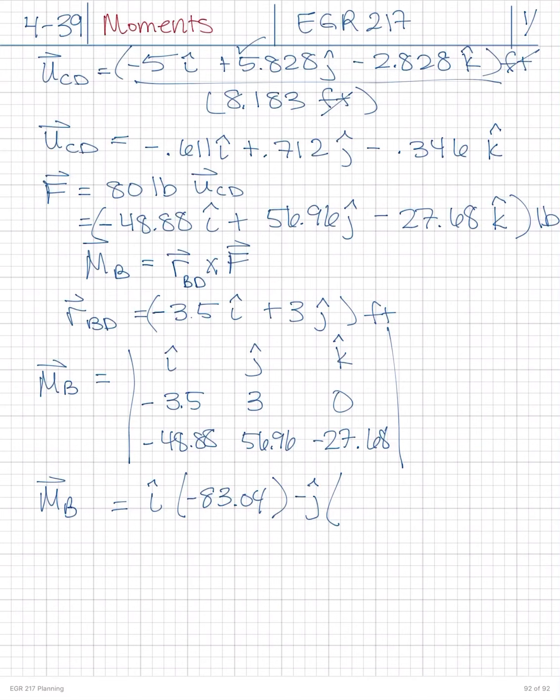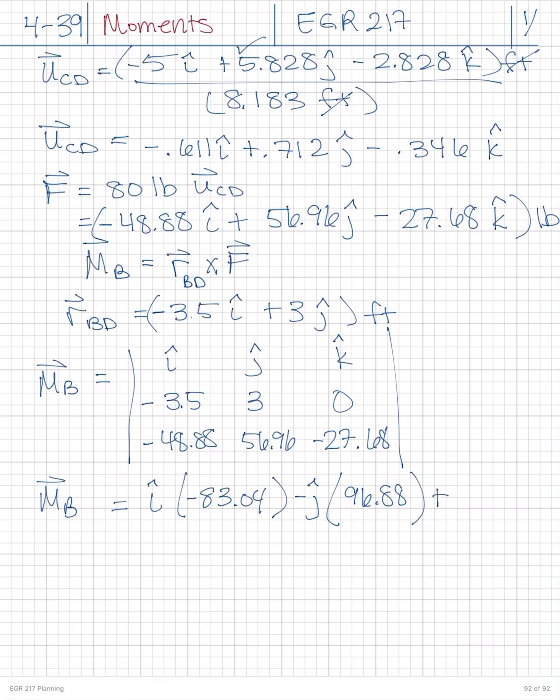So calculate 3.5 times 27.68. That's 96.88. Negative times negative is a positive, and then minus is a 0.